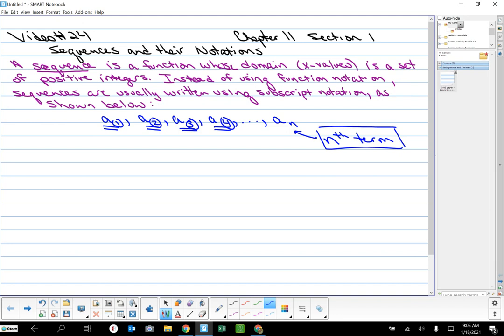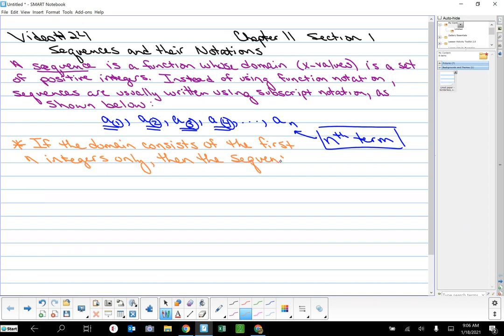All right. So here's a statement here. If the domain consists of the first n integers only, then the sequence is a finite sequence, meaning it has an end.